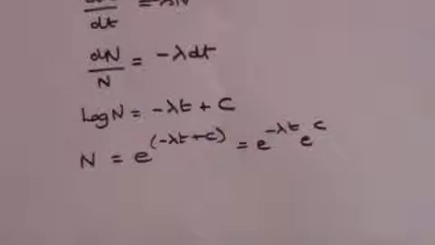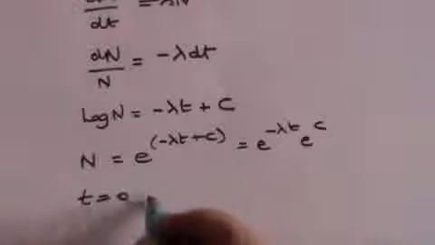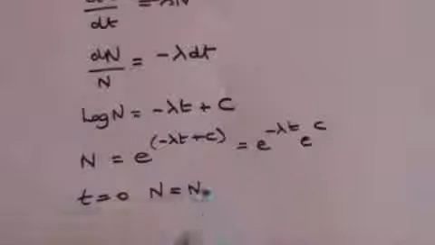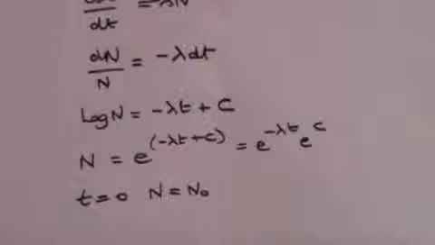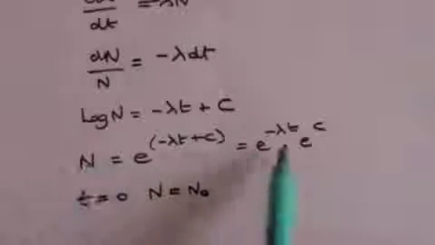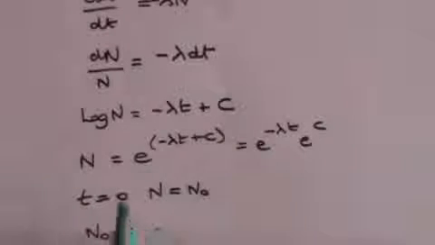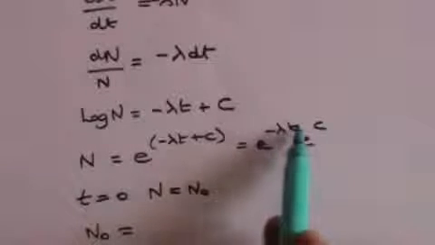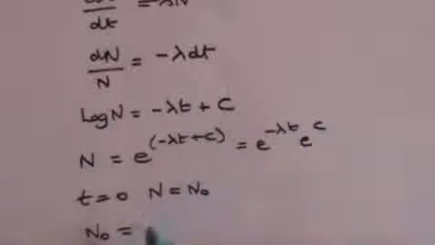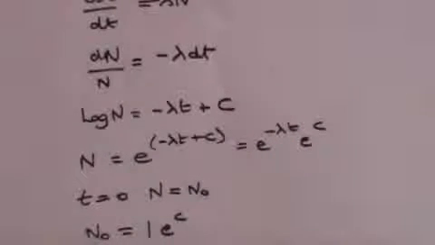At t equals 0, in other words, at the start of the process, N is the original number of atoms, which we will call N0. So when t is 0 in this formula, we find that N becomes N0, e to the minus lambda t is e to the minus 0, which is 1, times e to the c.